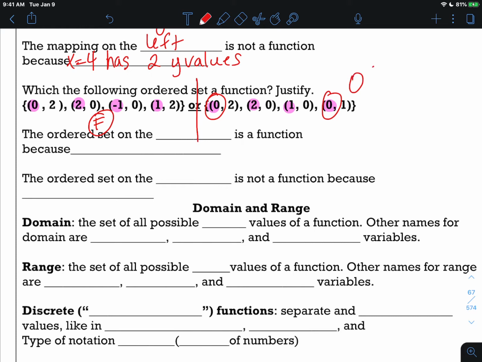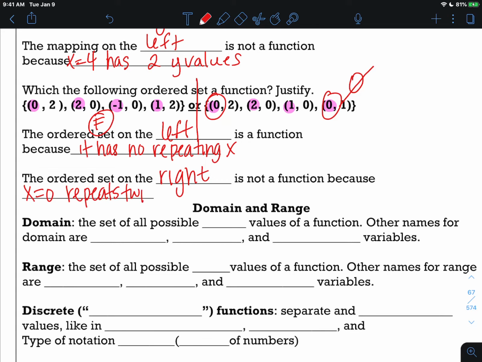They repeated that 0. That's not a function. So the ordered set on the left is a function because it has no repeating x's. The ordered set on the right is not a function because x equals 0 repeats twice, right? Also just known as repeating x's.